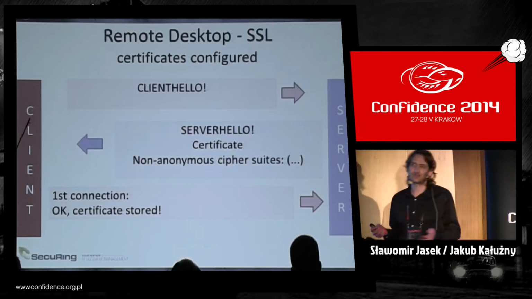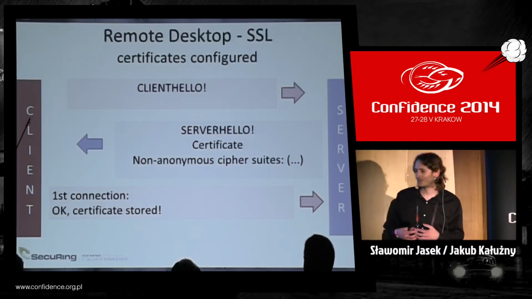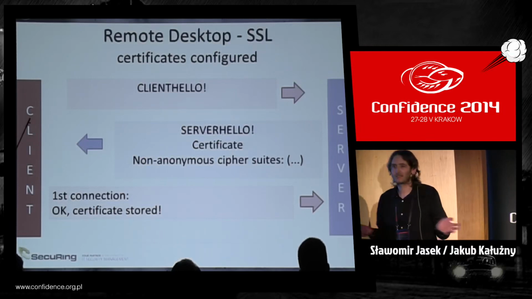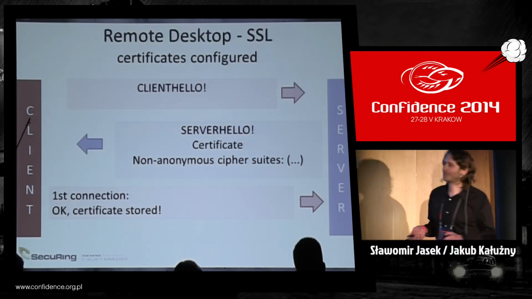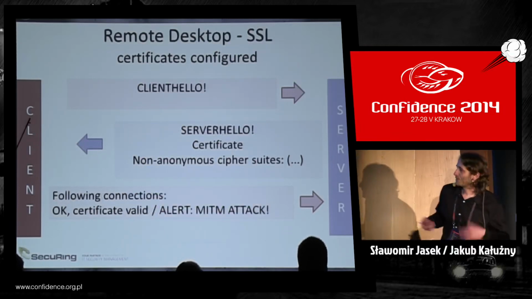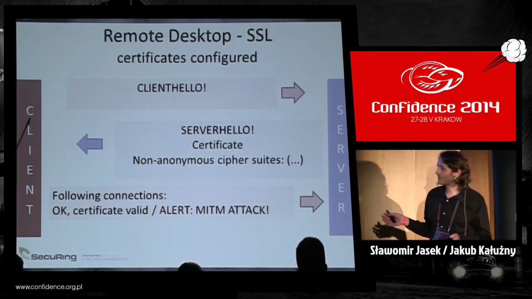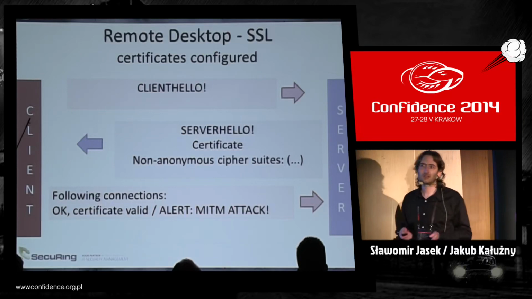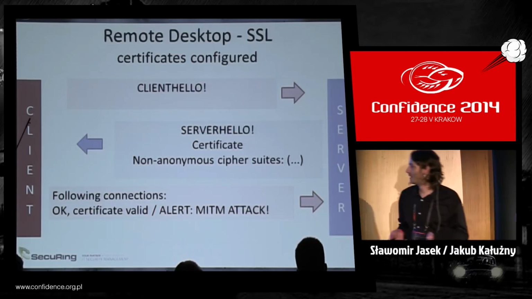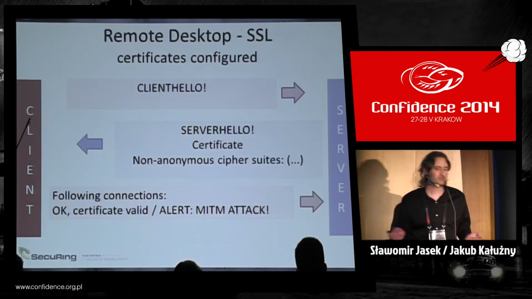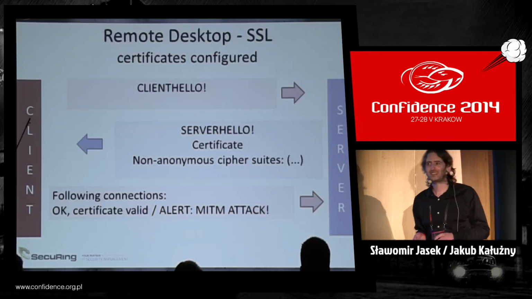Of course, the end user reads the MD5 fingerprint and validates it and clicks OK, so that the following connections are secured. So if somebody tries a man in the middle, there is an alert for the end user, and he can see that somebody is tampering with the connection. But what can we do about that protocol? Any ideas?